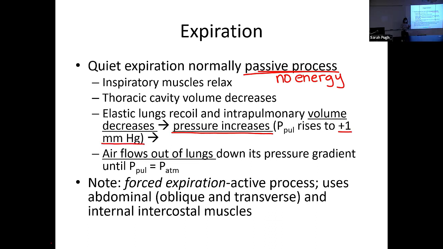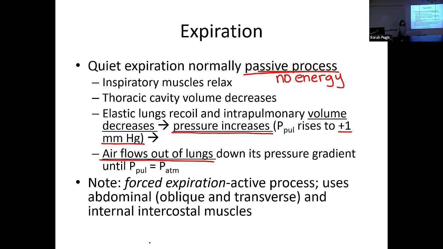We write that as a positive number. That means it's one over atmosphere. And air is always going to go from a high to a low pressure. So in this case, it's going to go from where it's higher inside your lungs to where it's lower outside the lungs. Okay, so you are going to blow out. Air will flow out of the lungs down a pressure gradient.